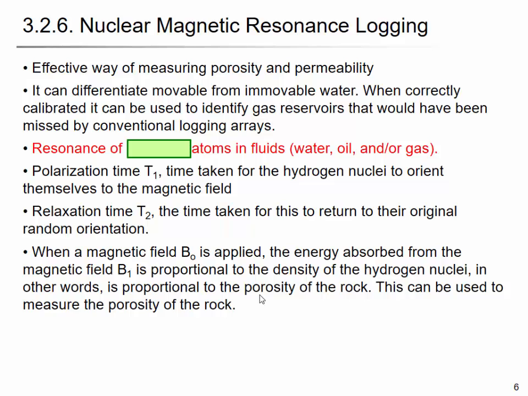And if it's a bonded water in the clay, then the response will be smaller, or the frequency response will be also different. So from that, you can identify whether this hydrogen is from hydrocarbon, or from the water, or whether it's from free water and the immobile water. So this NMR can tell you a lot of information because you can switch the frequency from the low frequency and the high frequency.